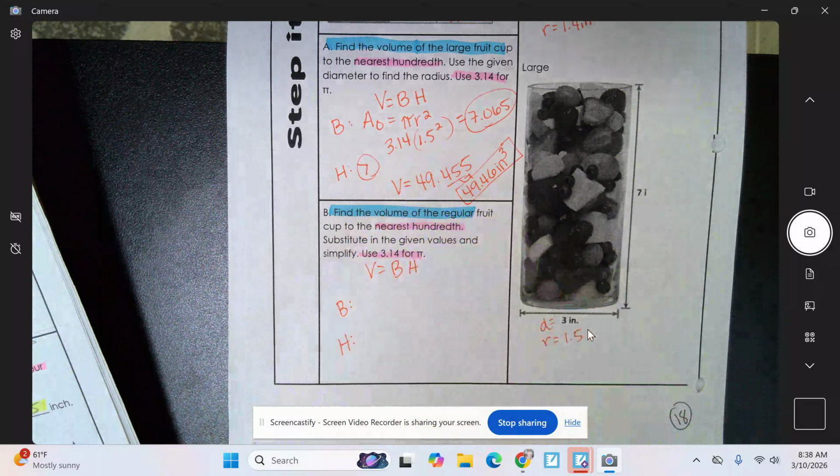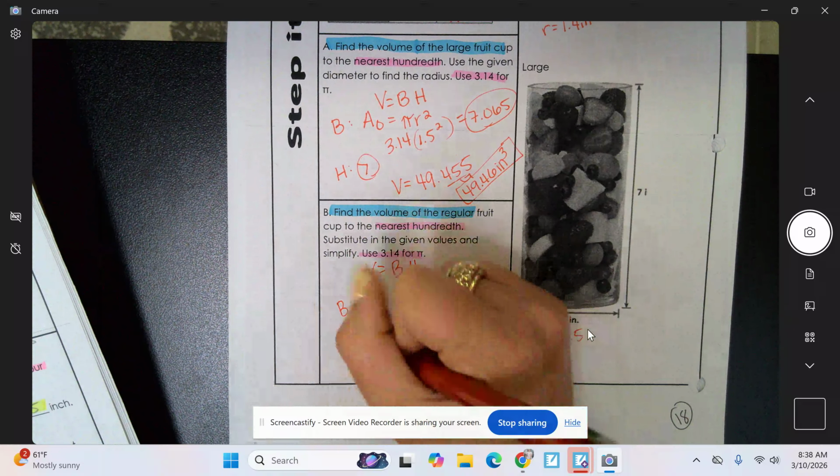What did you get as your height so far? 6. Okay.